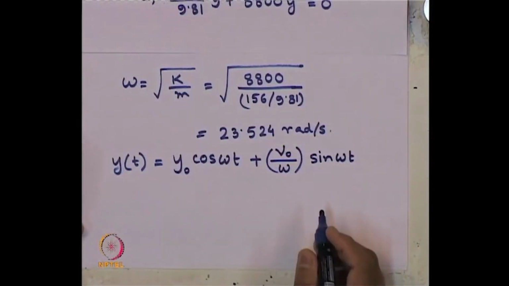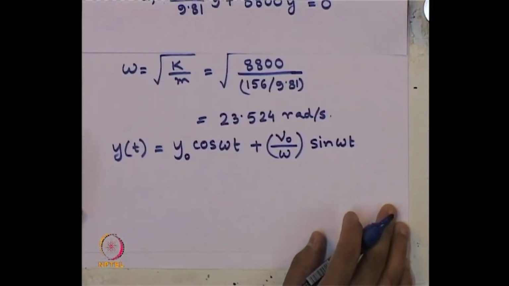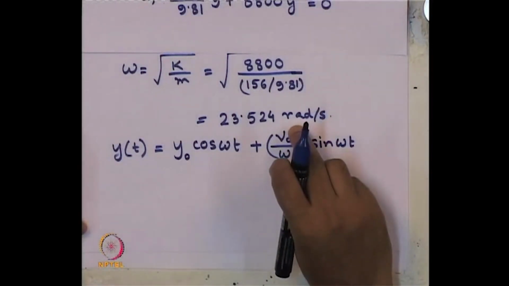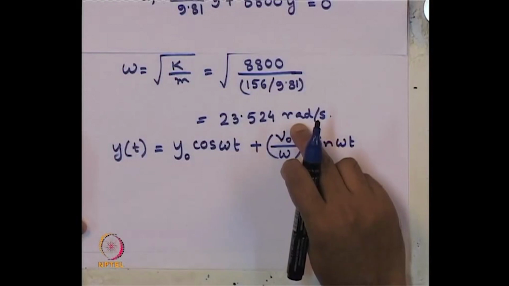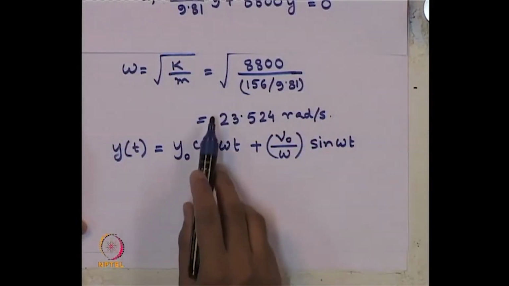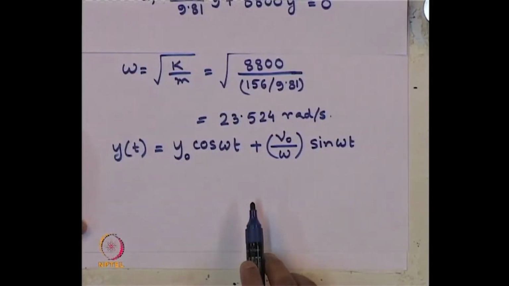That is the solution we have seen in the previous lecture. So, now y naught is known to us, initial velocity v naught is also known to us, omega we have computed just now.